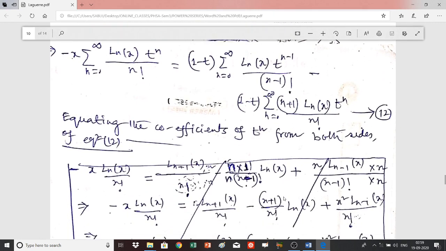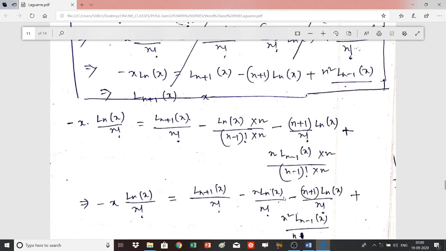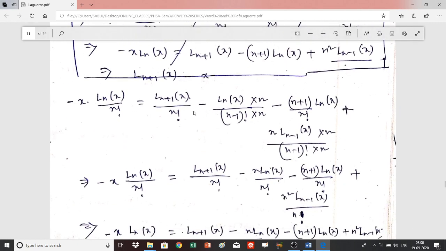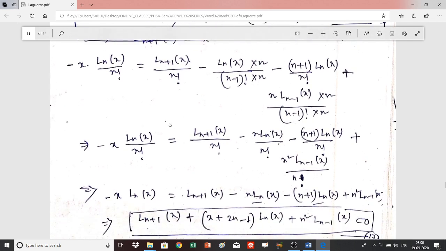And now after simplification, here are some other steps. Just go through all these steps. Everything is clearly stated here, clearly done here, and I assure you that there will be no problem understanding all these calculations.